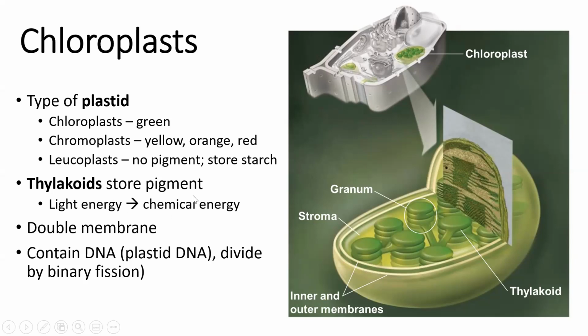The thylakoids have the pigment known as chlorophyll in them, and that's how you take the energy from the sun, which comes in the form of light, and convert it into ATP, a form of chemical energy. We're going to talk about all of that in our second unit. Again, it is a double membrane bound organelle.